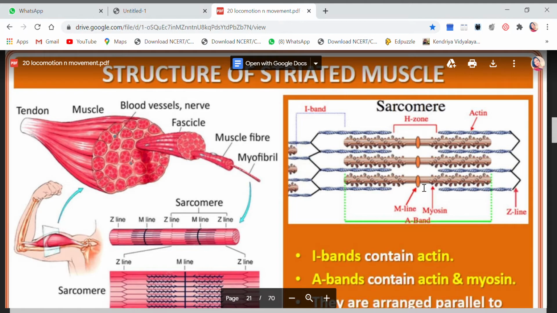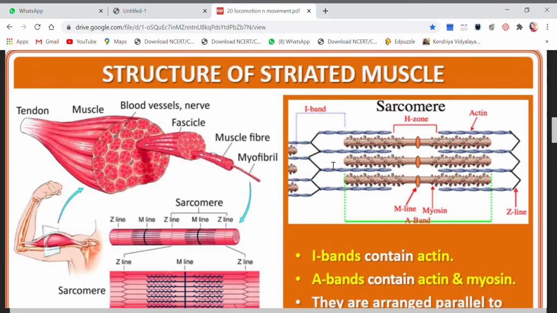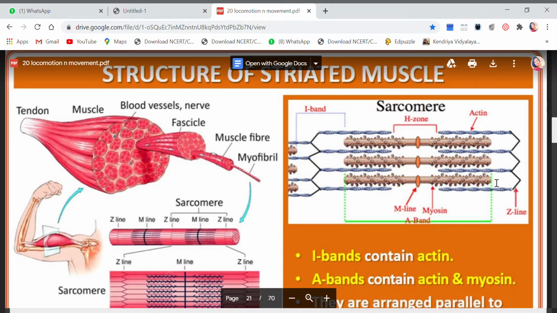This is a detailed structure of the sarcomere. Now you see the sarcomere. This is the I band. From here it starts, till here. This is the I band, right? And from here till here, this is the A band, and you see this A band is made up of myosin.